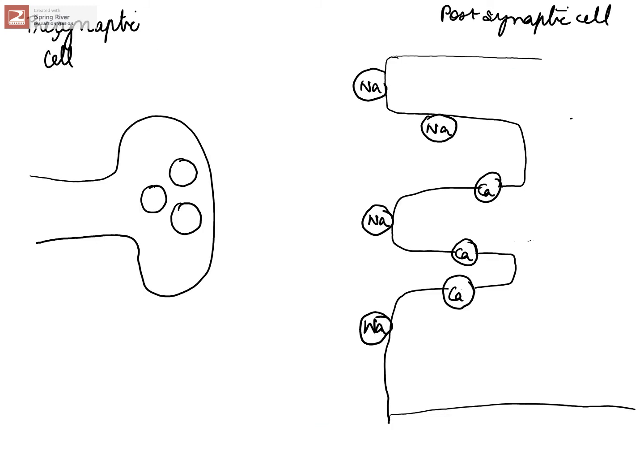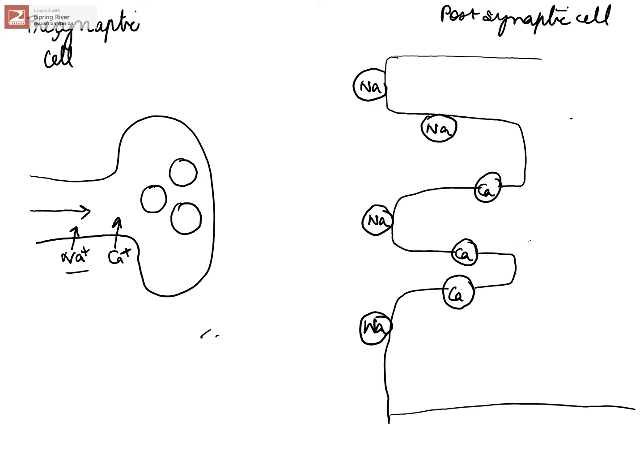When the action potential reaches the end of the axon terminal, it causes depolarization due to disturbance in the electrical charges. This causes the sodium channels and the calcium channels to open up, and there's an influx of sodium and calcium ions into the synaptic knob.